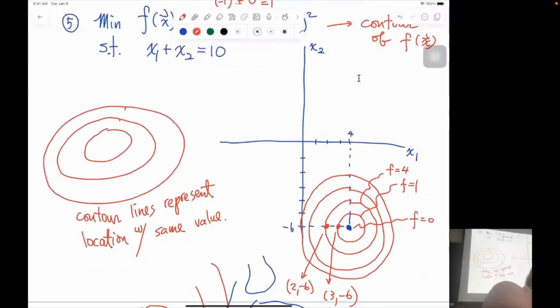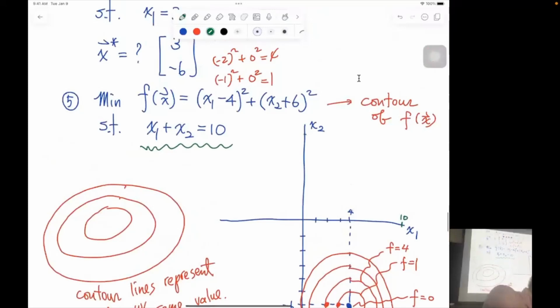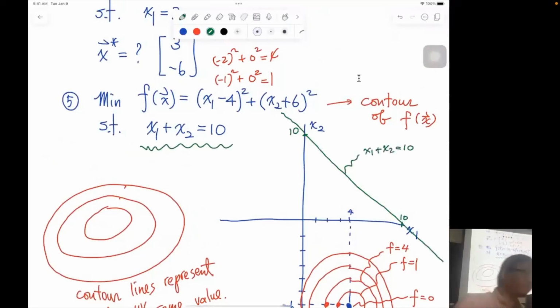Now, let me draw the constraint x1 plus x2 equals 10. That means I need to find where is 10. For example, if this is 10 and this is 10, then this line is x1 plus x2 equals 10.